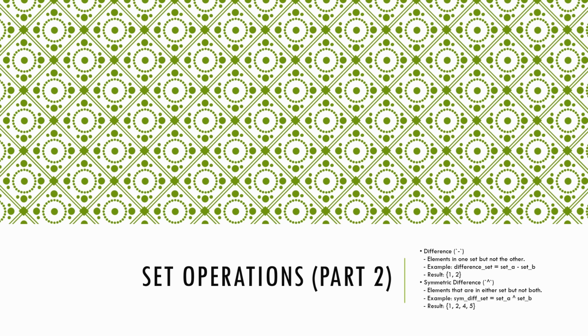So set A caret set B will return 1, 2, 4, 5, which are elements exclusive to each set.